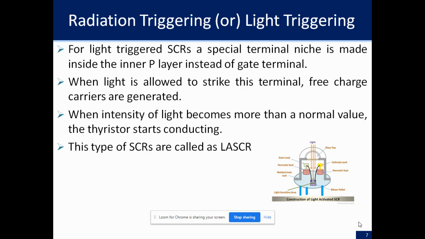Next is the light activated SCR or light triggering. When the intensity of light becomes more than the normal value, the thyristor starts conducting. When light is allowed to strike this terminal, free charge carriers are generated because it acquires energy from the photons of the light. That is the important takeaway point from light triggering.